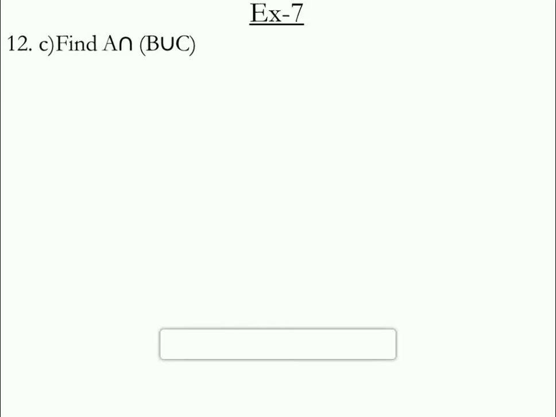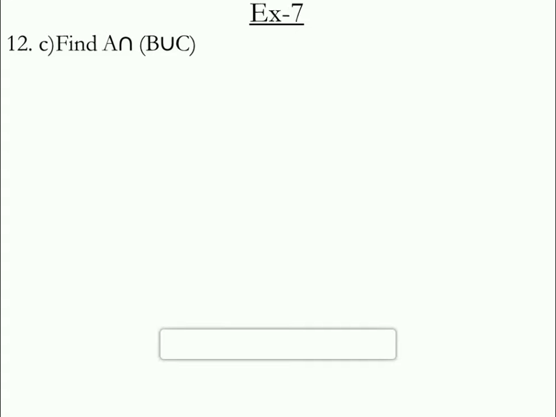In chapter 7, up to 11 we have some multiple choice, with the written problems starting from number 12. In number 12, the question gives three sets A, B and C, and we have to find out the set.